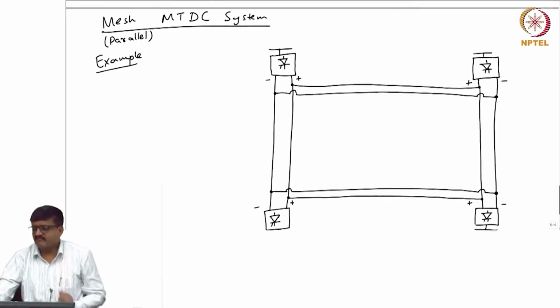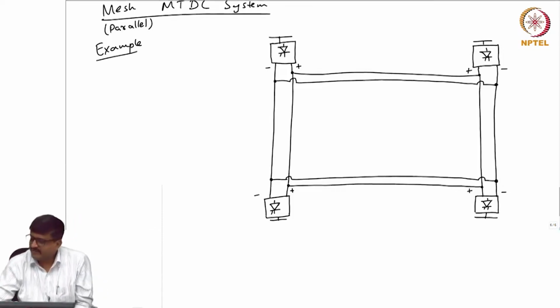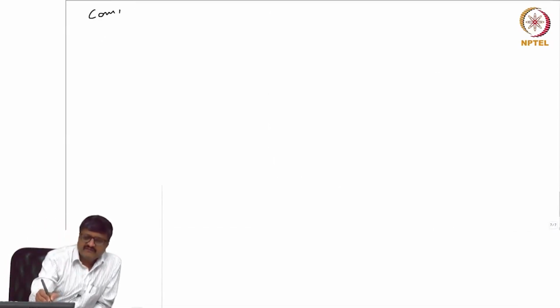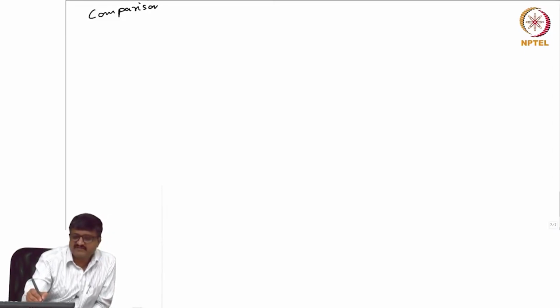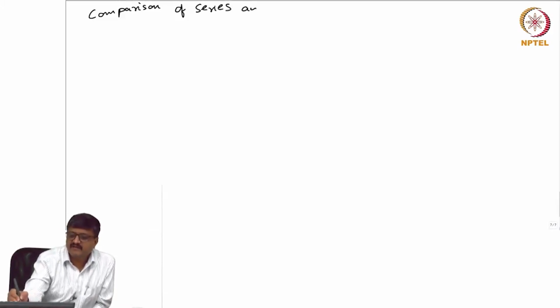Okay, so that is the difference between radial and mesh. Now, mesh appears as if we have some redundant connections, but that is for the sake of reliability. But looking at these examples and explanations, we will see whether we can do a comparison of series and parallel MTDC systems.